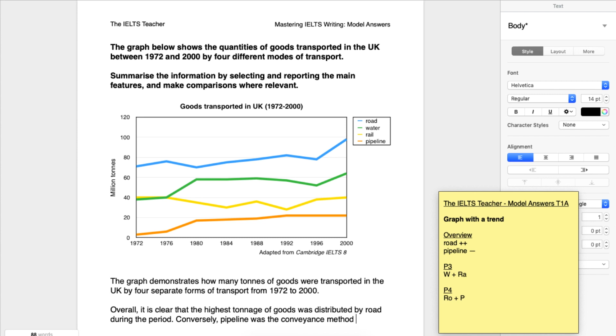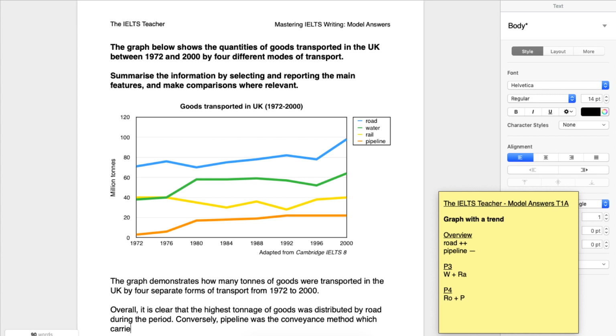It was the conveyance method that, the conveyance method which. So this is a defining relative clause where you can use which or that, but I always recommend using which because which is never wrong unless you're describing a person. But which is appropriate for defining and non-defining relative clauses, whereas that is only appropriate for defining relative clauses. So which, okay, transported, distributed. Let's go with another one beginning with C, but a bit simpler. We can use carry.